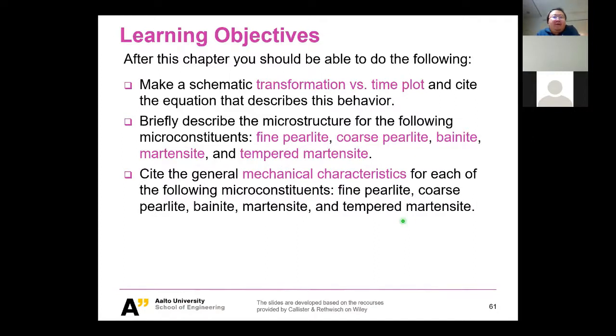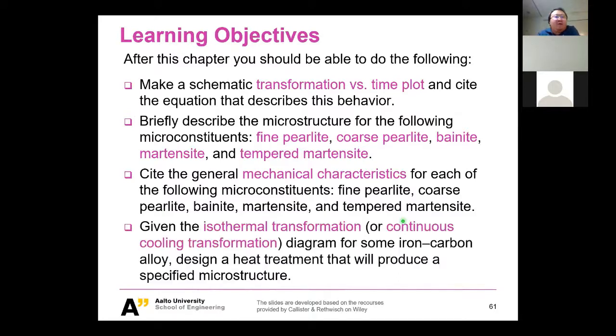And after that, you should be able to correlate or cite the mechanical characteristics of all these phases. We want to know for all these different phases, either in equilibrium or non-equilibrium, what their mechanical properties will be. Finally, you will be able to learn when we really want to produce these phases, how we're going to do it.